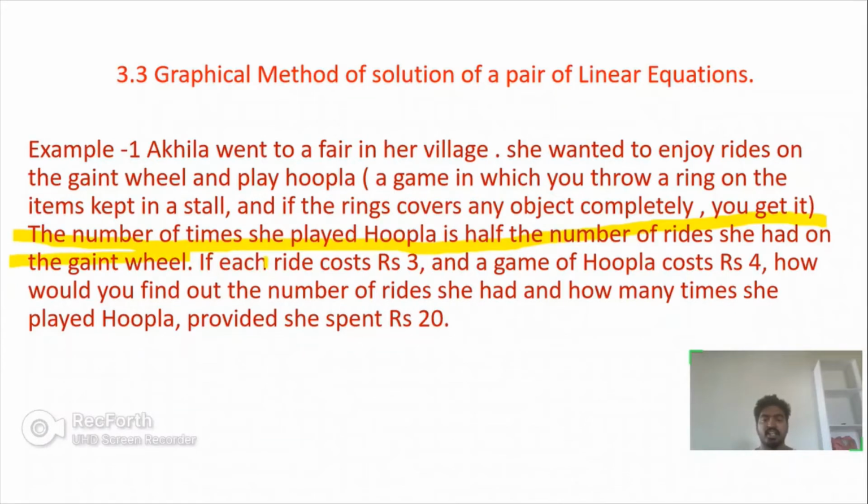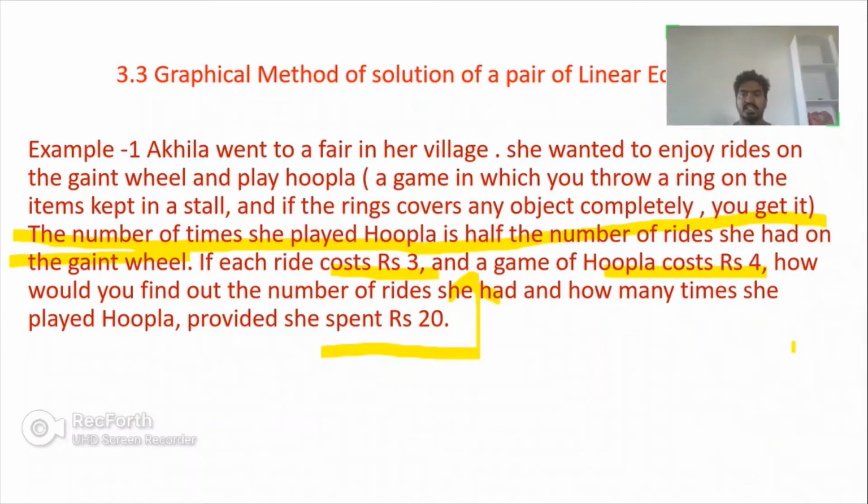And coming to the second condition, the cost of a giant wheel ride is ₹3 and the cost of hoopla is ₹4, and she spent a total of ₹20 at the fair to participate in these two games. So based on these two conditions, we want to frame two equations, and by solving them, we want to see the graphical representation of these linear equations, right?